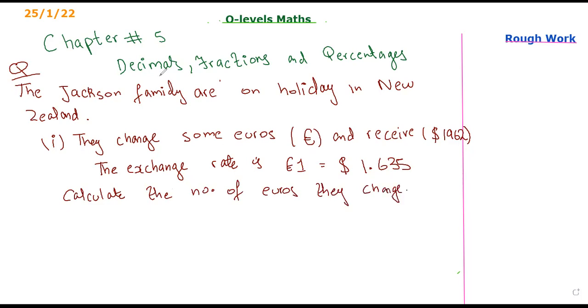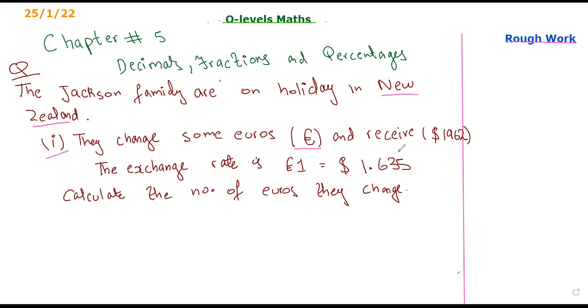Right. Okay, let's understand the question and then we'll talk about how to solve it. So the Jackson family are on holiday in New Zealand. Now they're in another country. Obviously, they need to convert their money in order to buy things. So they change some euros. They must be from Europe, going to New Zealand. So they want to change some euros and get dollars, right?